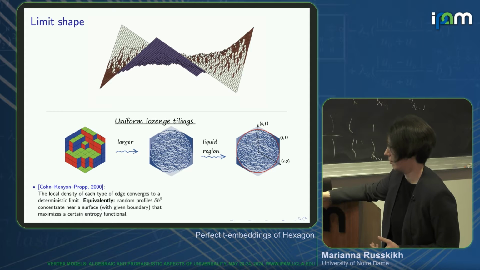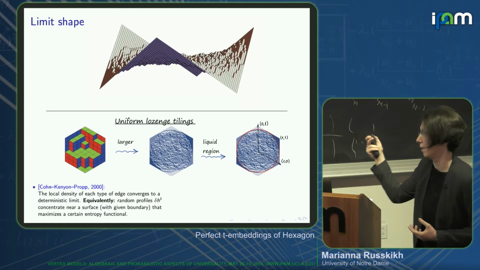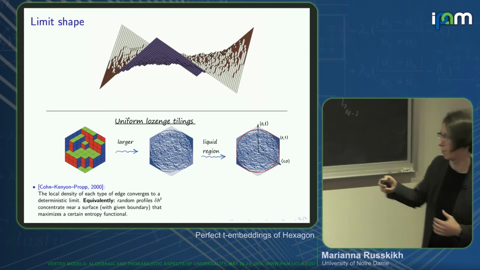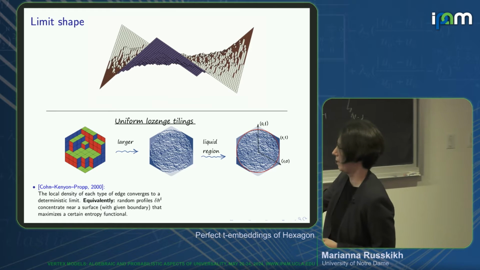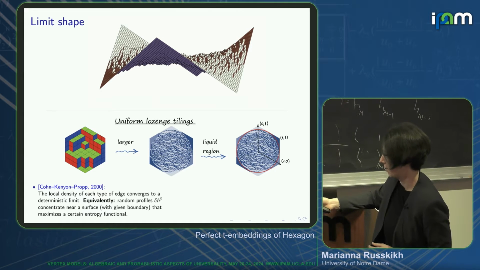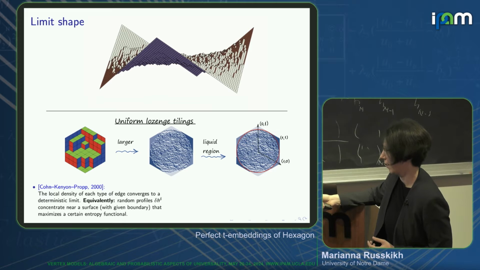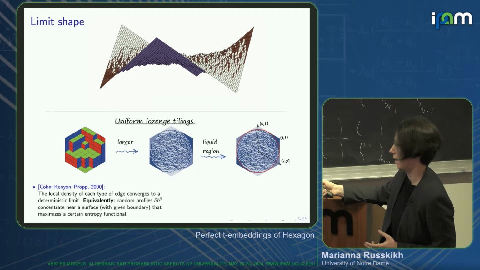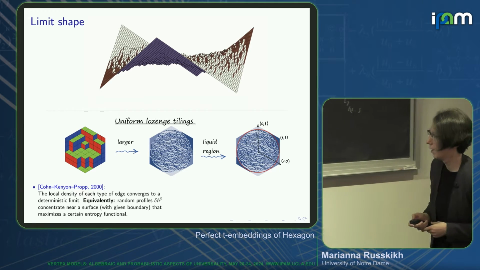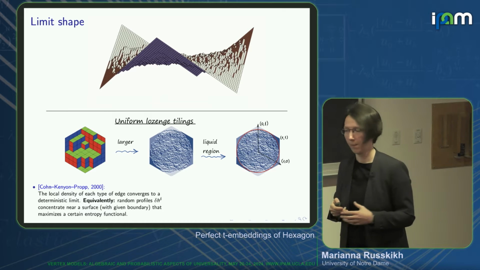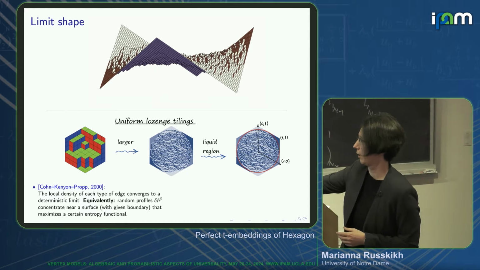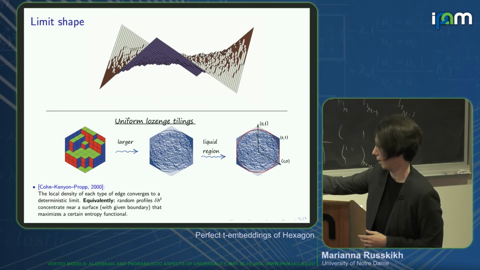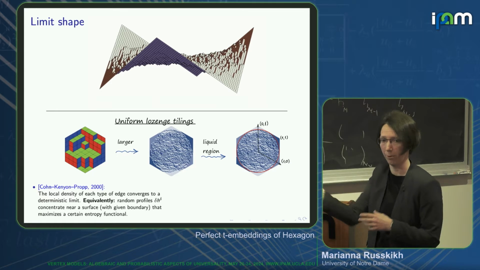How to think about it: the normalized height function approximates some deterministic surface. In other words, the local density of each type of those lozenges converges to a deterministic limit. And we call the liquid region the region where those densities are strictly between 0 and 1.